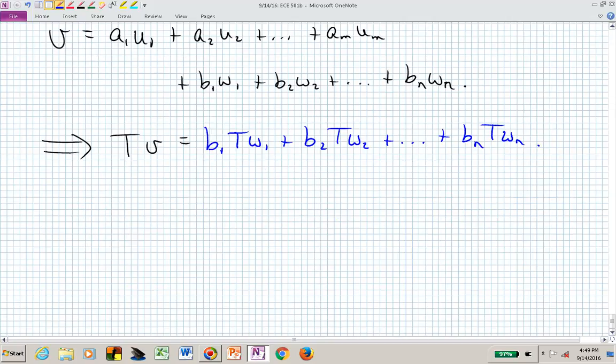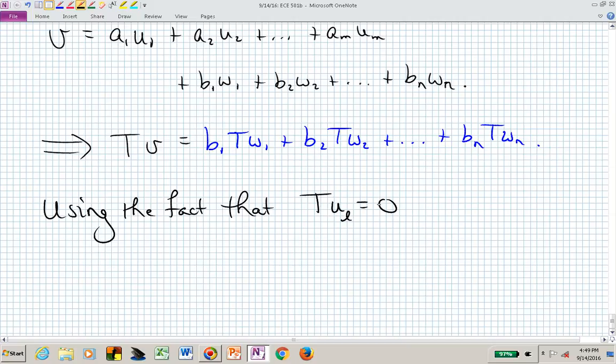The reason we could write that is we were using the fact that T applied to any of our u sub l's gives us the additive identity, the 0 vector, for all l in 1 up to little m.